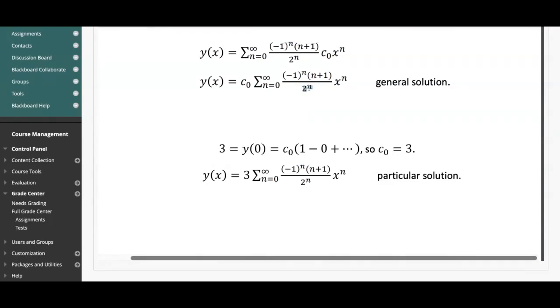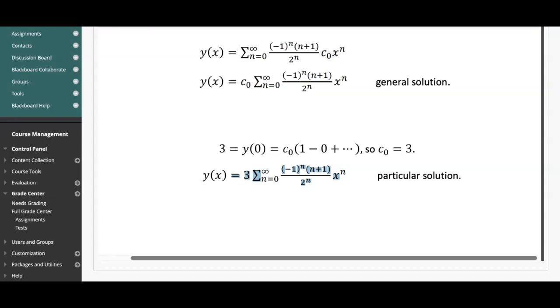Because 2 to the 0 is 1, -1 to the 0 is 1, 0 plus 1 is 1, x to the 0 is 1. So everything is 1. To get c naught, the first term is 3. So we get a unique solution for the given initial values.